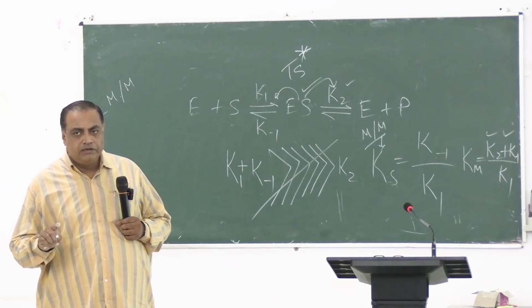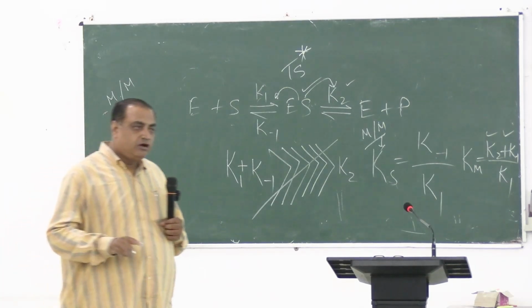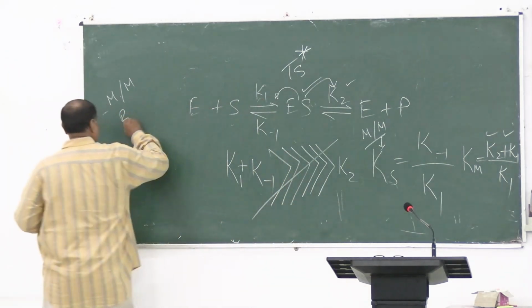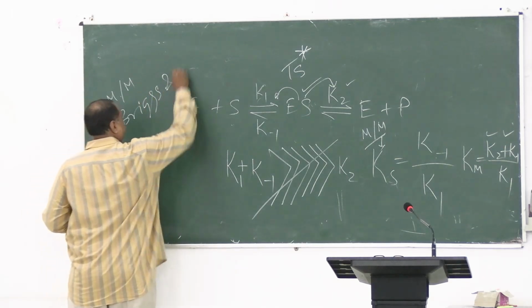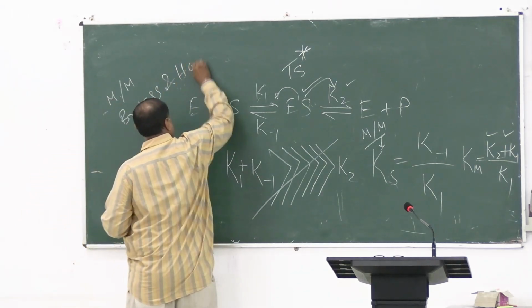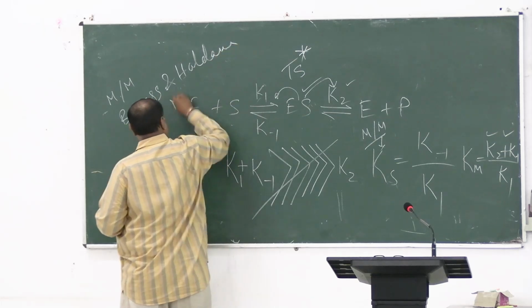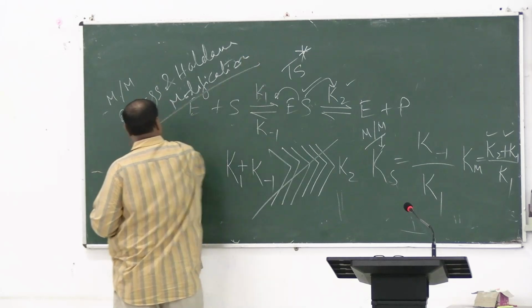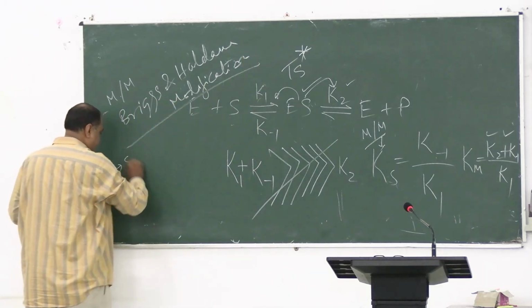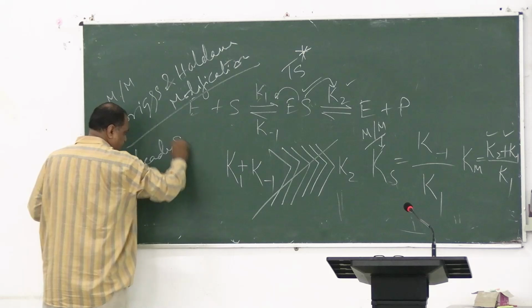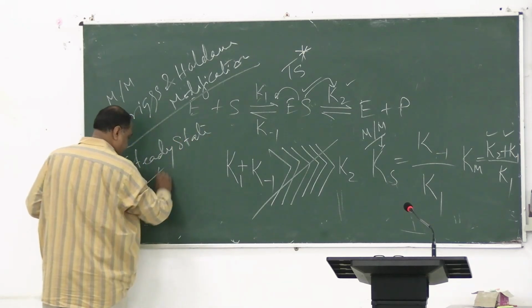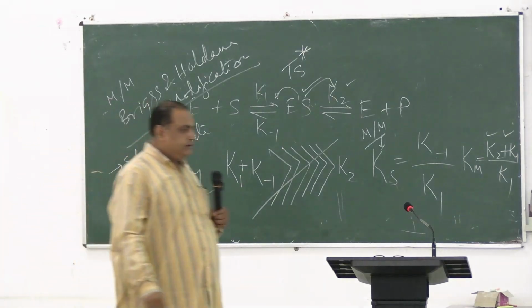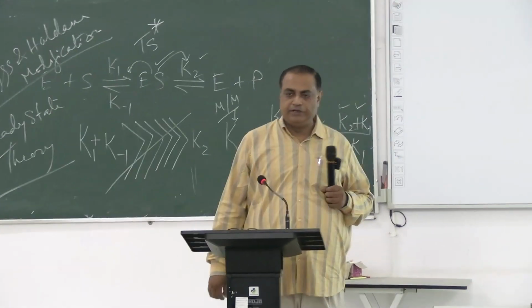This is the difference between Km and Ks. And this is called Briggs and Holden modification. They first introduced steady state theory.